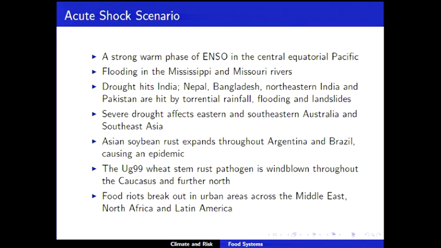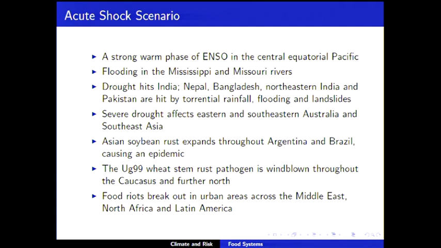Further around the world, there will be drought in India. Not unusual, but much worse than before, comparable to 2002. Torrential rainfall in other areas like Nepal, Bangladesh, parts of India, Pakistan, flooding and landslides as a consequence. All this is caused by the foregoing. Essentially, it's all caused indirectly by El Nino, and then you have these other consequences.